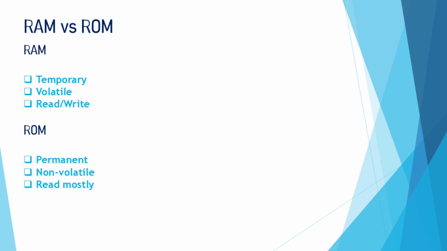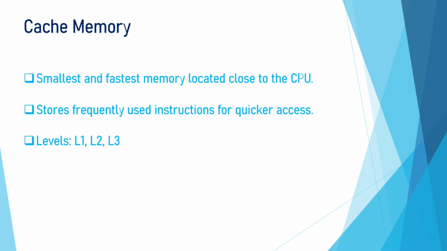A simple way to remember this is: RAM runs programs, ROM remembers startup instructions. The present running programs and their concerned data are all loaded onto the RAM, and ROM remembers startup instructions. When we turn on the computer, the ROM is activated.